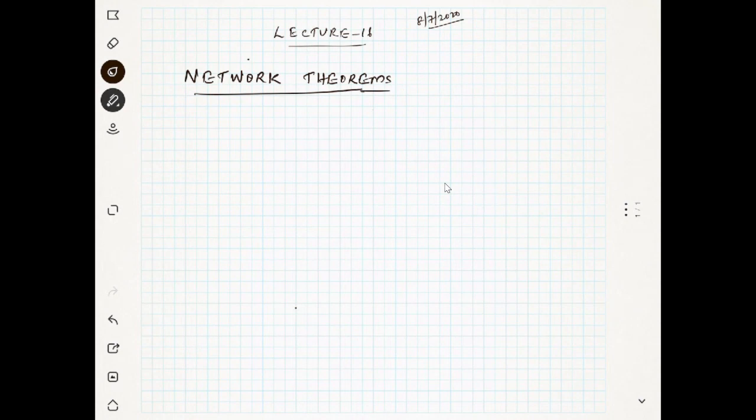So when do we use a theorem? First of all, you should understand: if you have a complicated network, it's very complicated. That means you have a lot of resistances, capacitances, everything. So a complicated network with several components.